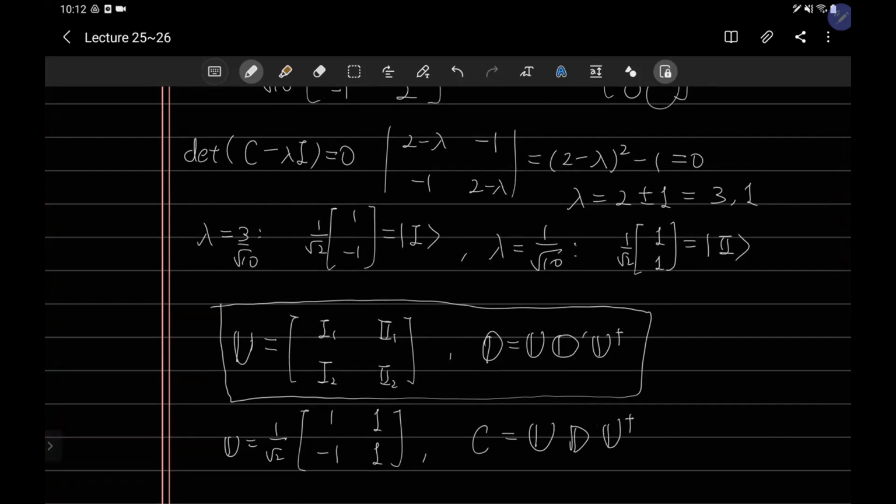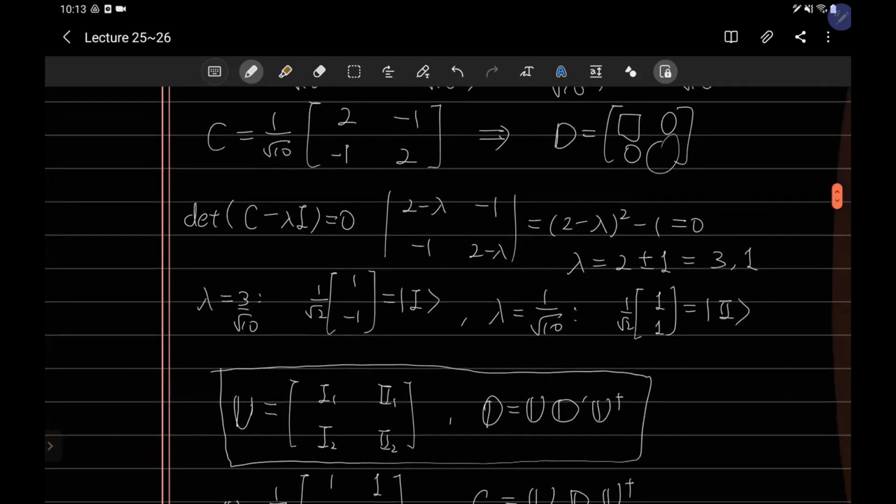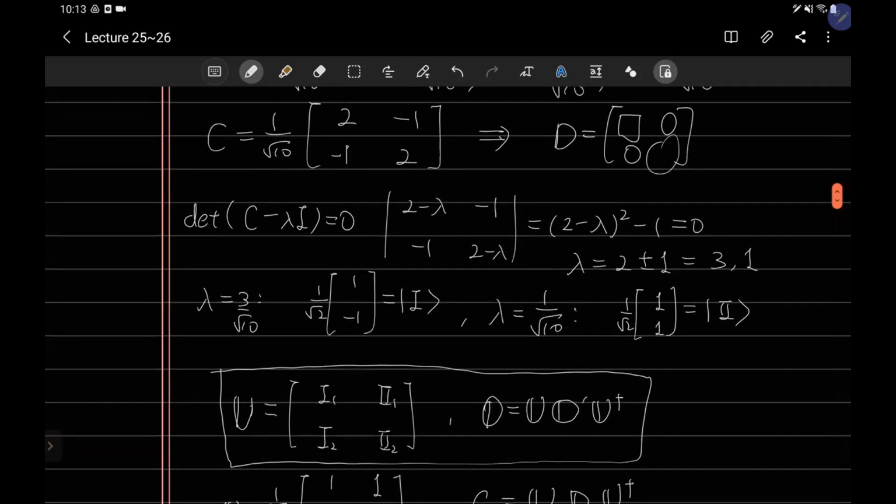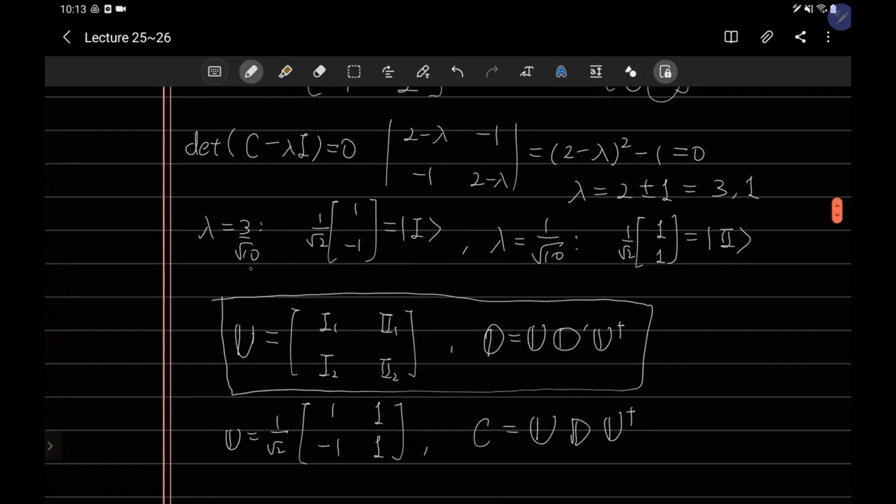Because we started with the Hermitian operator and used the eigenvectors as the new orthogonal basis, we already know that the new matrix will appear as a diagonal matrix, and the diagonal components will come from the eigenvalues.